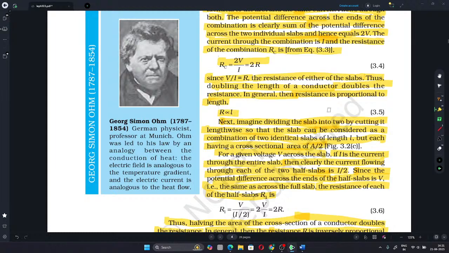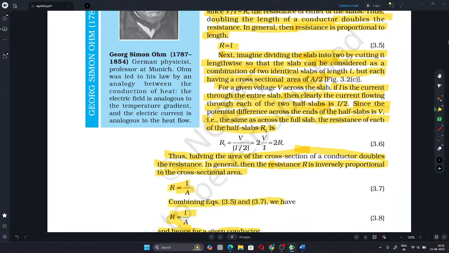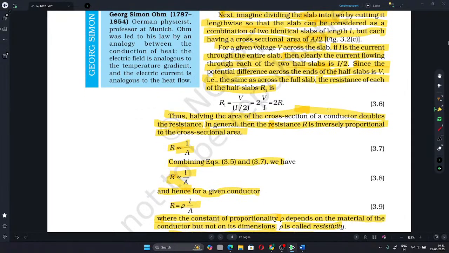Since the potential difference across the ends of the half slabs is V, the same as across the full slab, the resistance of each half slab is R1 equals V by (I by 2), which is 2V by I, equal to 2R.